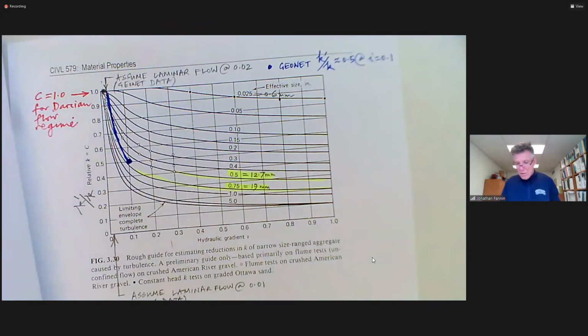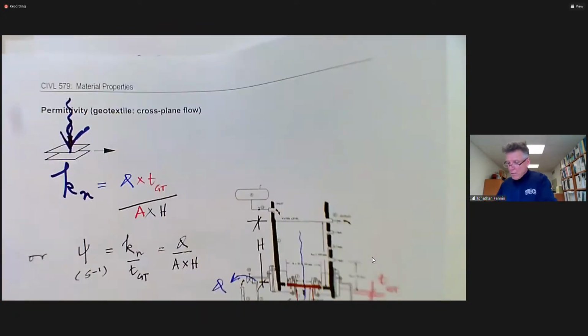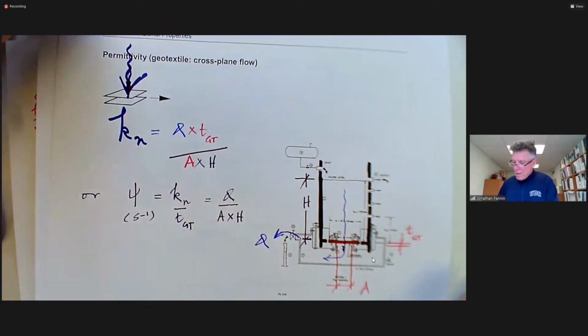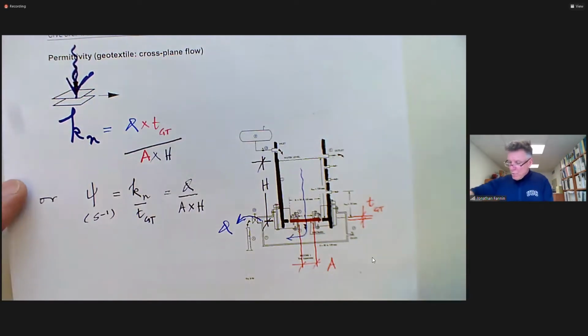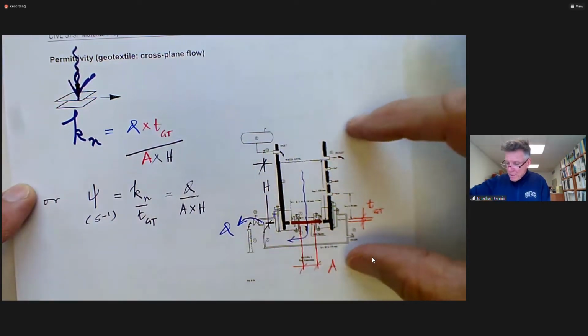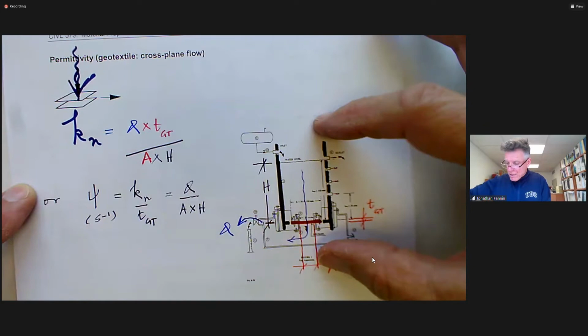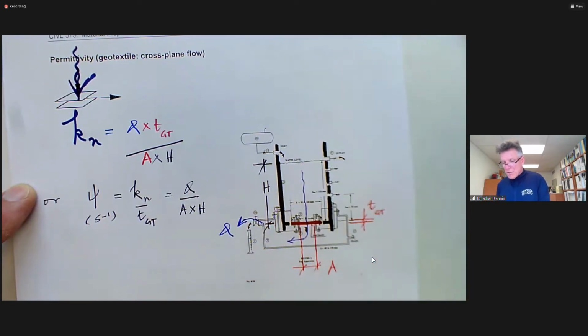Okay, so that's how I want to park this for now and acknowledge two things. We'll come back to look at this cross-plane permeability in geotextiles with a soil in combination with it.